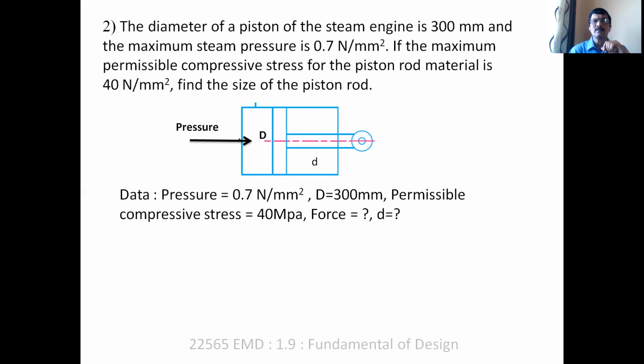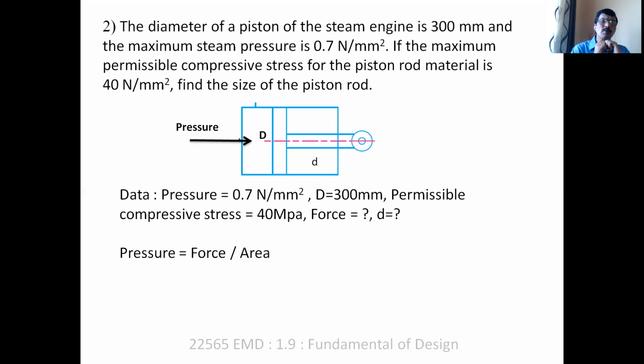So we know that the pressure is equal to force divided by area. In that particular pressure formula, we have force divided by area. Same formula, same mathematical term we generally consider for our stress also, but the pressure is external and stress is internal resistance. That is the difference.